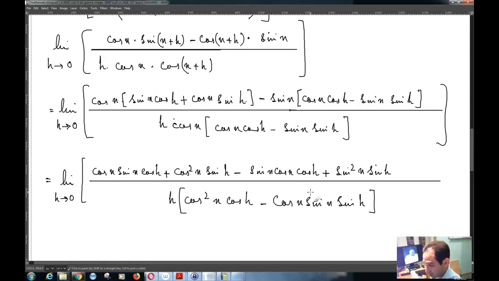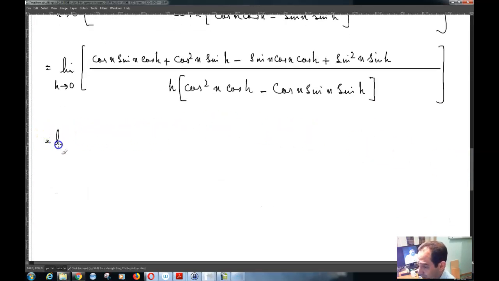How do we simplify this thing? Okay, so what we can do, we can write this as the limit of, so here we have basically cos x sin x cos h, cos x sin x cos h, so these two will be cancelled out, and over here you will have 1 over sin h times cos squared x plus sin squared x, which is equal to 1.